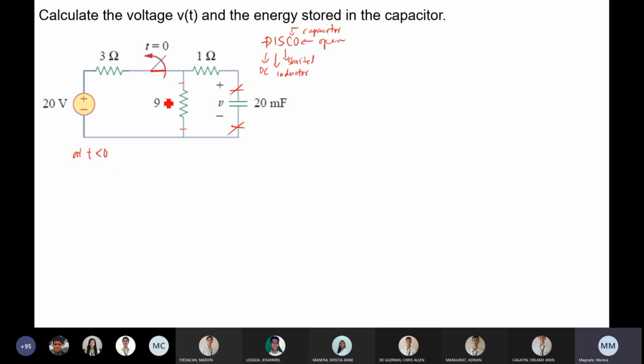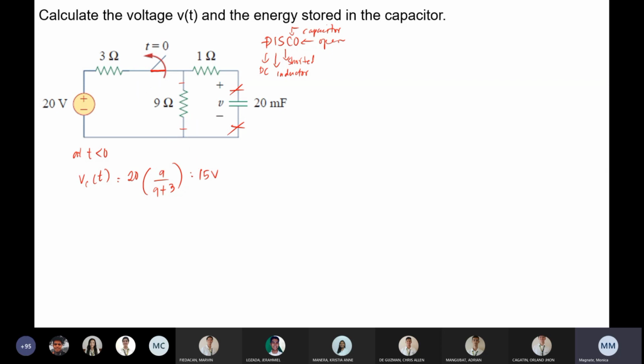Okay? So, para makuha yung voltage kay 9 ohm, voltage divider lang tayo. So, v sub C of t, gawin na natin ganun. 20 volts times 9 over 9 plus 3, equals 15 volts. So, voltage divider lang ito.